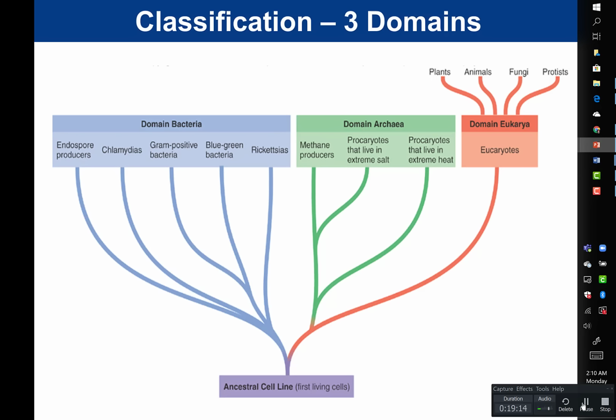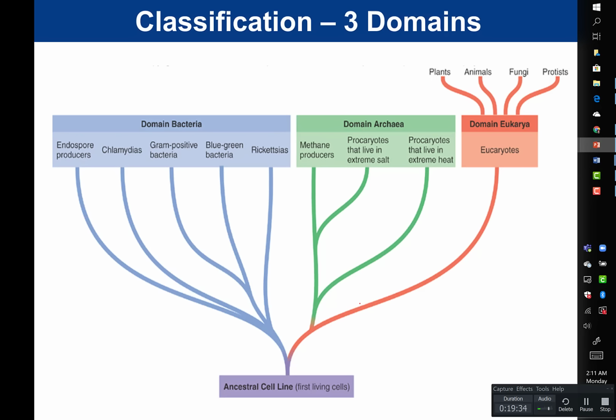So if we look at the first split, we have this blue and the red. Well, the bacteria split from Archaea and Eukarya early on. Notice what's interesting is if you look, Archaea are more closely related to Eukarya than Archaea is to bacteria.